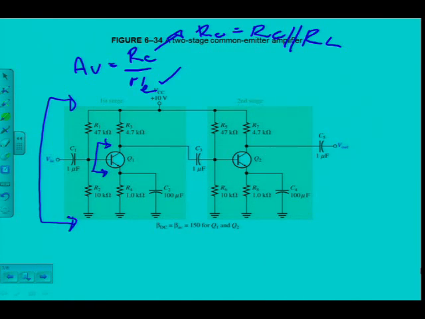The very first thing, Rin at the base. What was Rin at the base for this specific type of amplifier? We're talking AC signal. Remember, I want to determine voltage gain, so I'm looking at the AC at this stage. It was beta AC times R'E, because there's no RE. It's been bypassed. You agree with me on that?